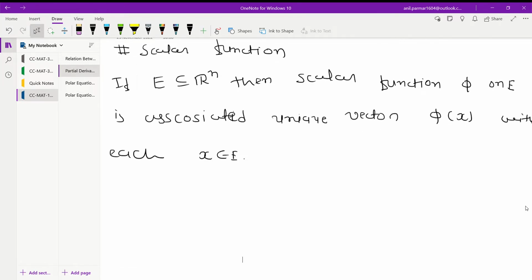હવે આપણે જોઈએ વેક્ટર ફંક્શન, very important portion of the partial derivative. Vector function.